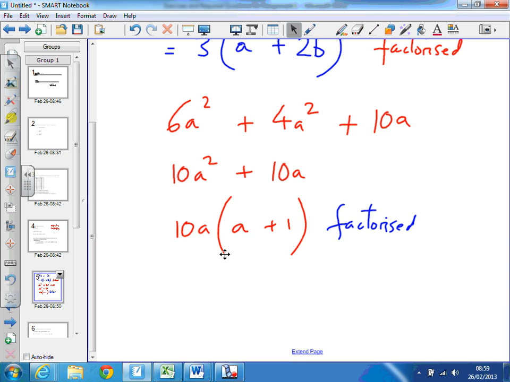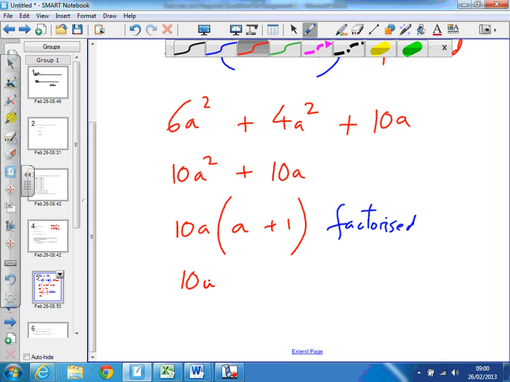As a check, and you've got these to do in the task that you got in the assignment, yeah, as a check, expand this expression here, expand that, and you should get back to that, and then you know you've got it right. So when you do this task in the assignment, you know you've got it right because you just expand this final expression back out again. 10A times A gives me 10A squared plus 10A times 1 is 10A, and we're back to the original expression.